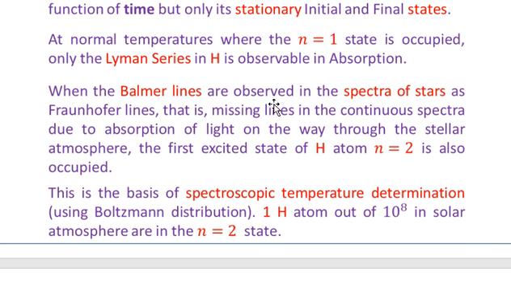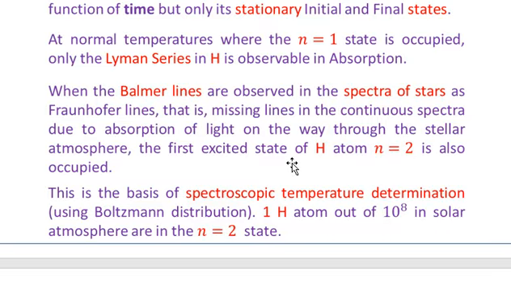When the Balmer lines are observed in the spectra of stars as Fraunhofer lines, that is, missing lines in the continuous spectra due to absorption of light on the way through the stellar atmosphere, the first excited state of the hydrogen atom, n is equal to 2, is also occupied.